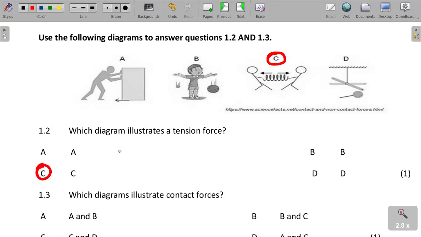So our answer is C. You can see that there is a push on A. In any case, before we go to exams, we should be able to define forces.